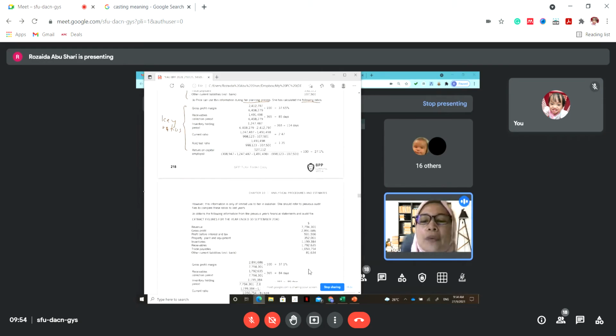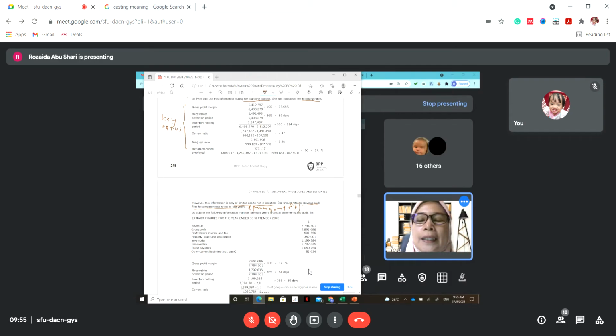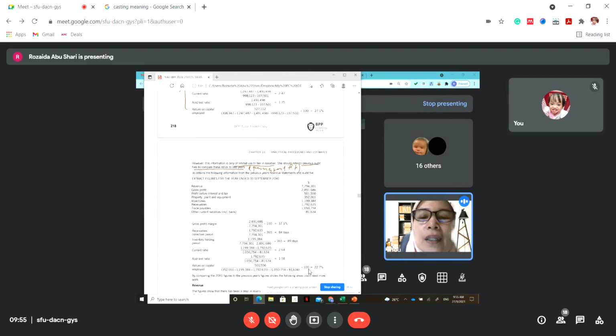However, this information is only of limited use to her in isolation. She should refer to the previous audit file to compare these ratios to last year. So where did she get the information on the previous year's file? You do not need to calculate it again, just take it from the permanent file, from the audit documentation or audit working papers.